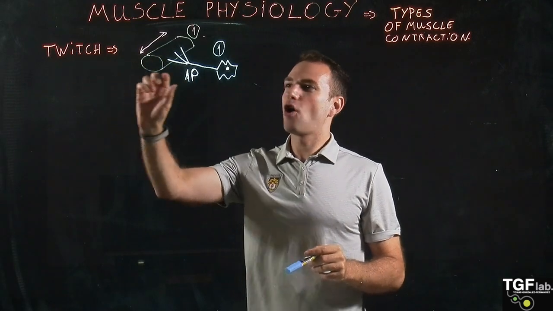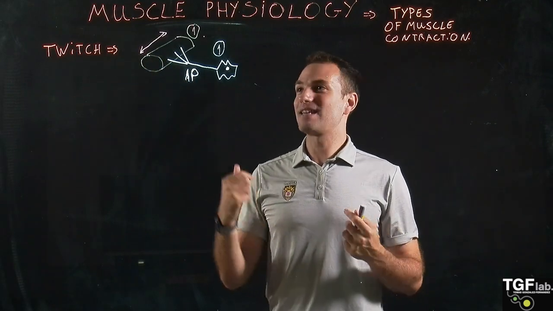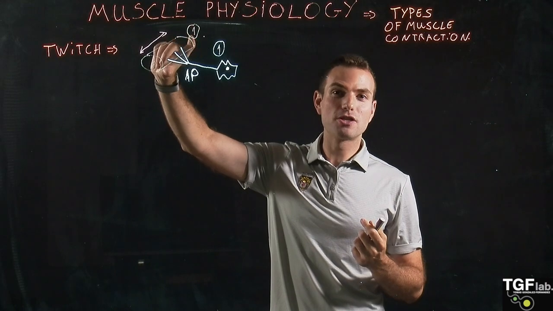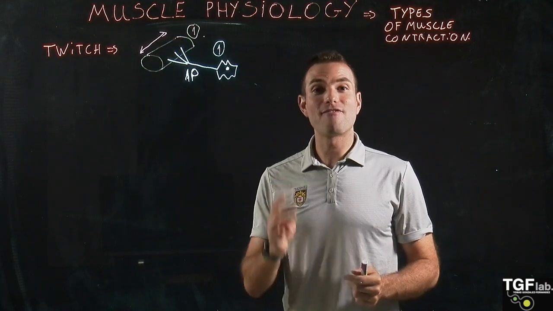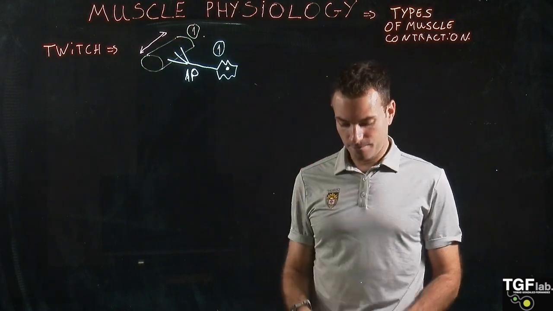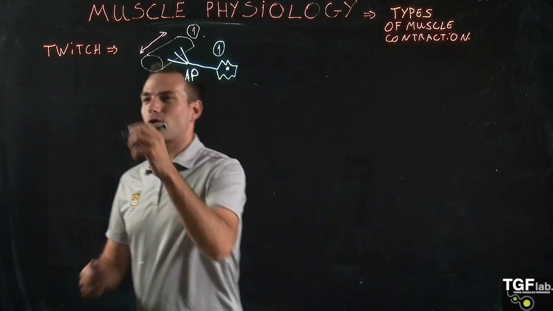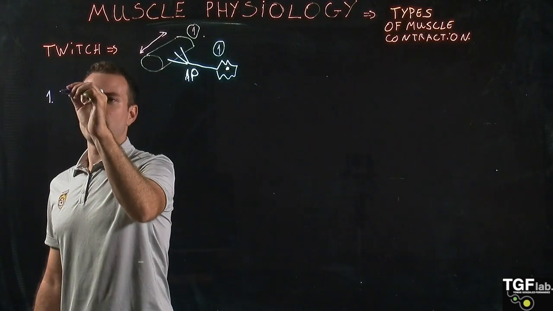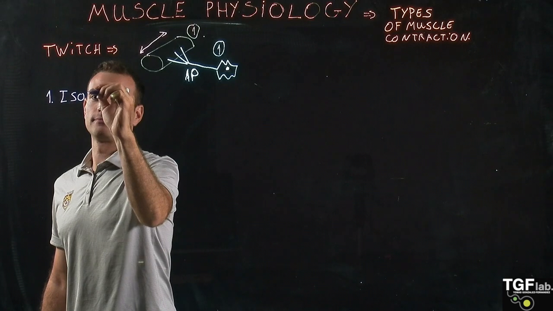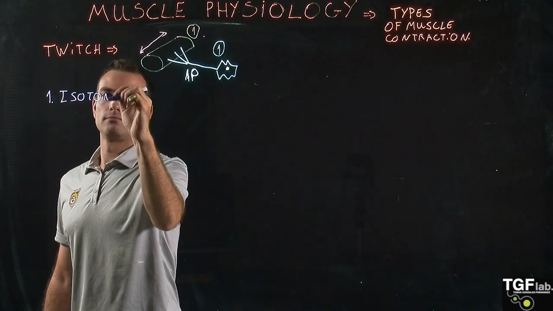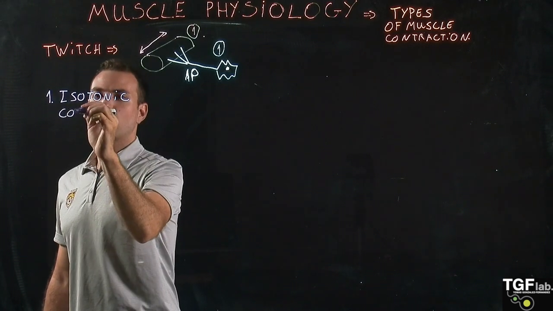So the mechanical response of one muscle fiber to one action potential from the motor neuron. And depending on the different movement or the mechanical response of the muscle fiber, we are going to have three different types of twitch. The first type of twitch is the isotonic concentric twitch.